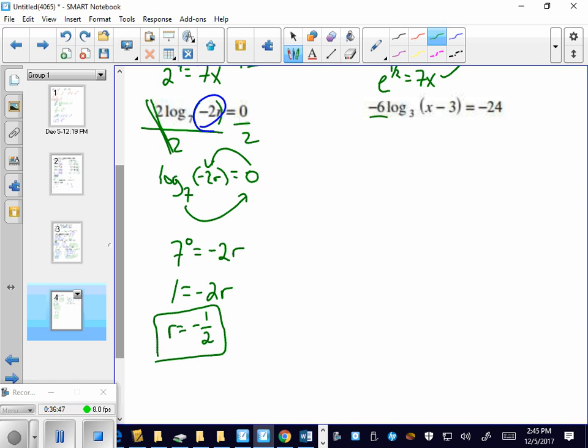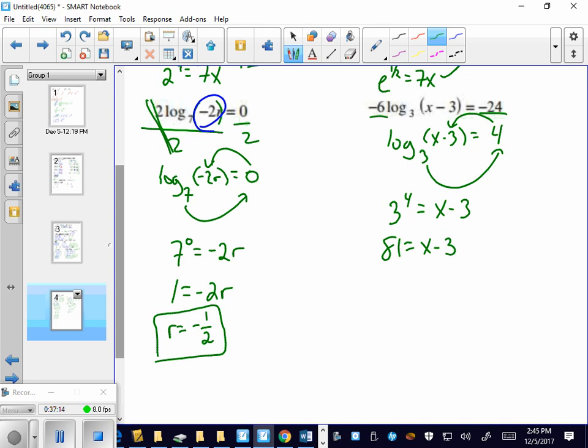Looks like we have to divide by negative 6 on both sides here. So we're going to get the log of x minus 3 base 3 equals 4. And then it's 3 to the 4th equals x minus 3. 3 to the 4th is 3 times 3 times 3 times 3, which is 81.